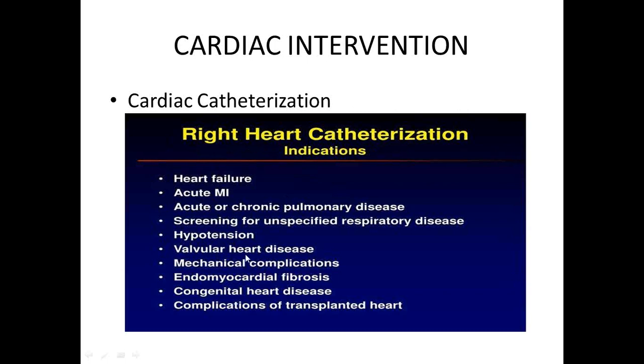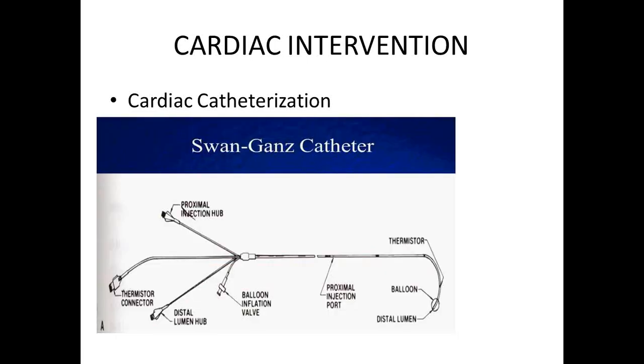Also for some valvular heart disease, and patients who have a cardiac transplant where you want to see if they have any rejection of the transplanted heart, we do what we call endomyocardial biopsy. So that's a very important indication.